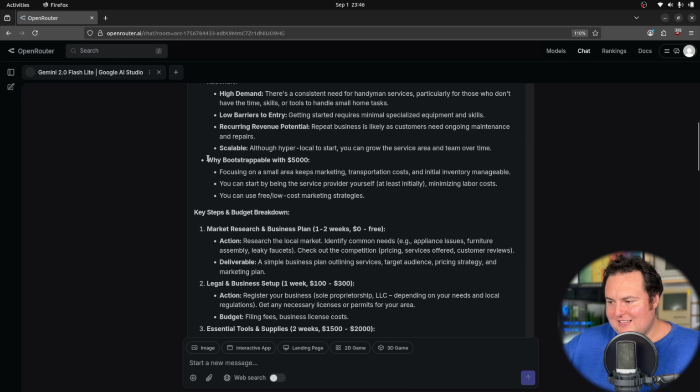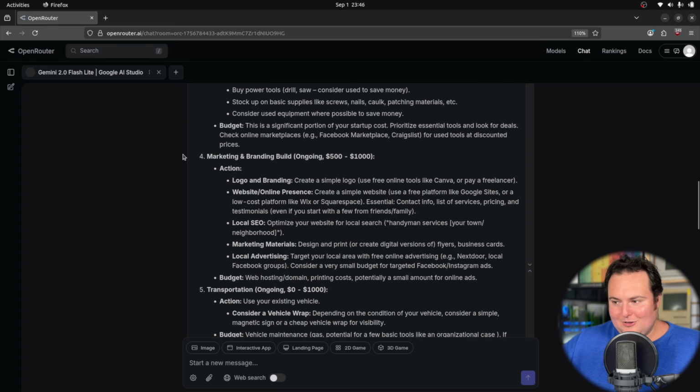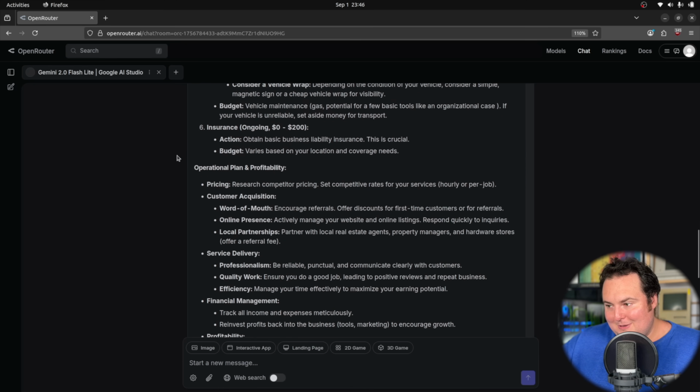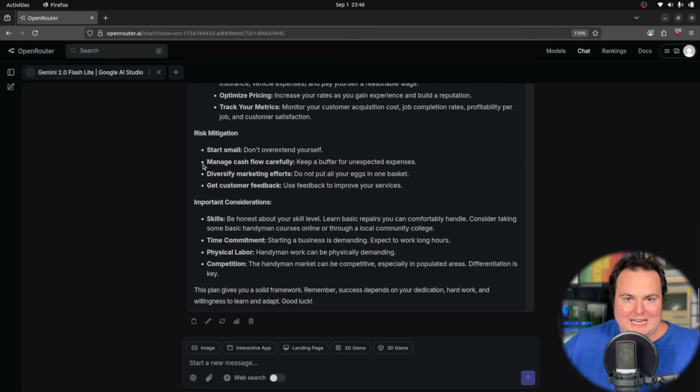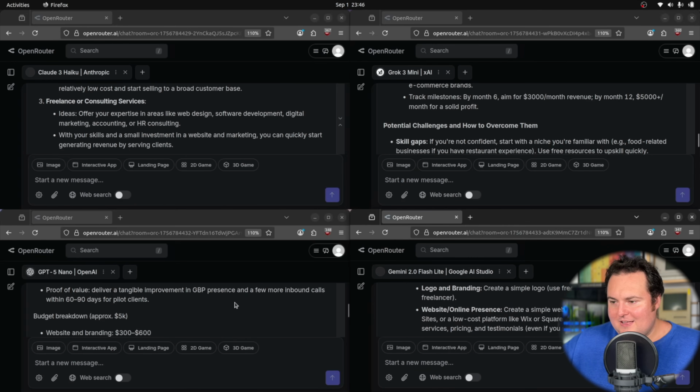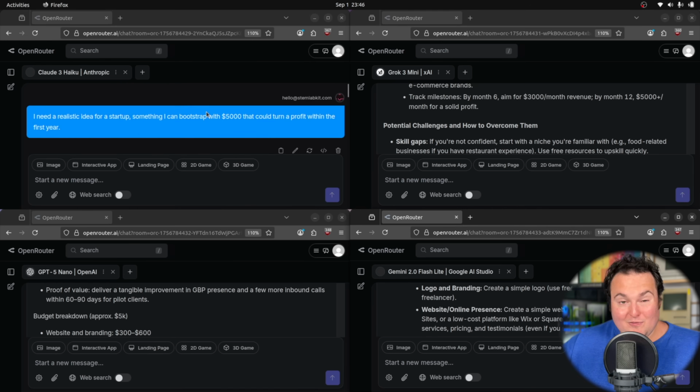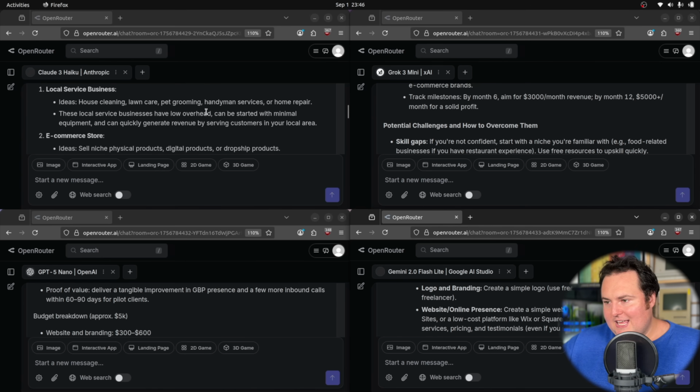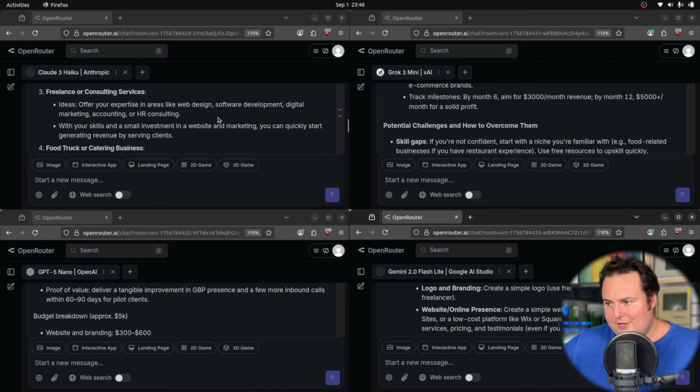Overall, I don't think this idea is very good because it makes a lot of assumptions about the person, basically that they can become a handyman with little to no background or pertinent education. So not the best. I'm putting 5 Nano and Grok 3 Mini at number 1 here, then number 2 would be Gemini 2.0 Flash Lite, and then number 4, I guess I did skip 3, would be Claude 3 Haiku.